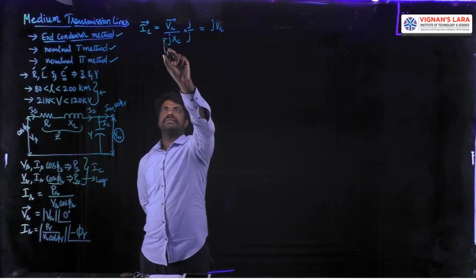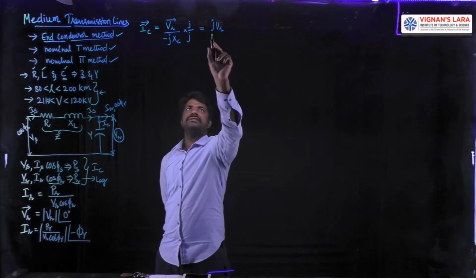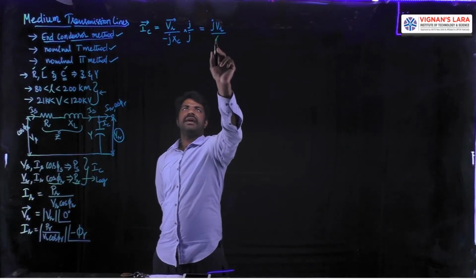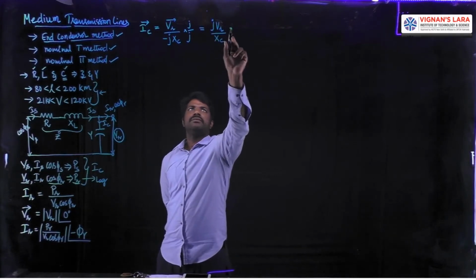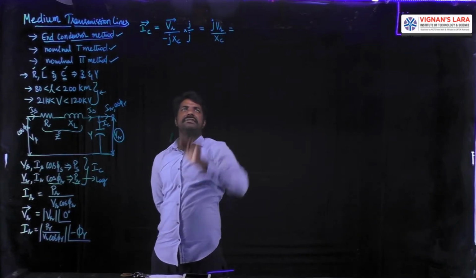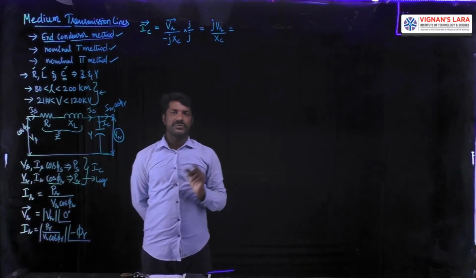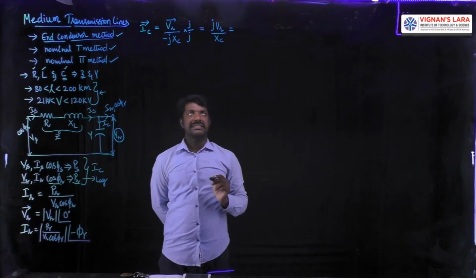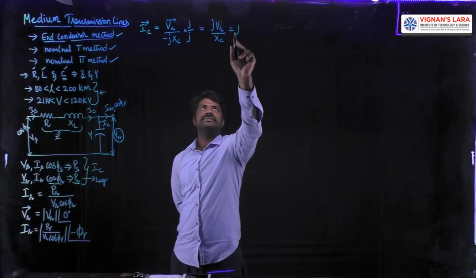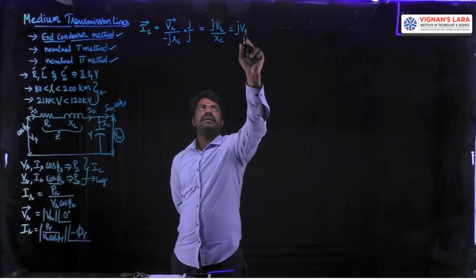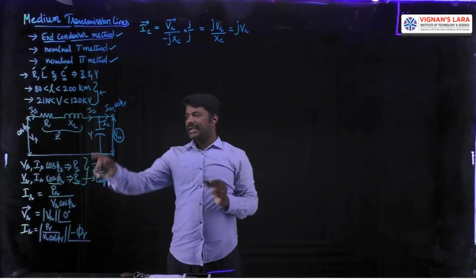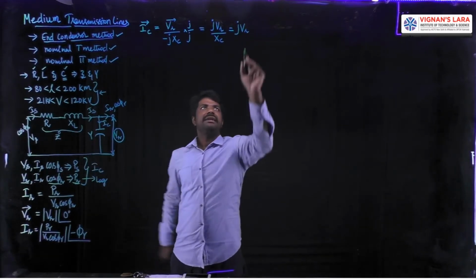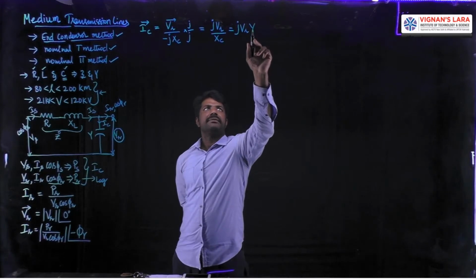Minus of minus becomes plus. Thereby, its value is plus JVR by XC, which is equal to 1 by XC. The reciprocal of the capacitive reactance is called susceptance, capacitive susceptance. Then I can write this as JVR BC. Since conductance was 0, I can write that BC as Y.